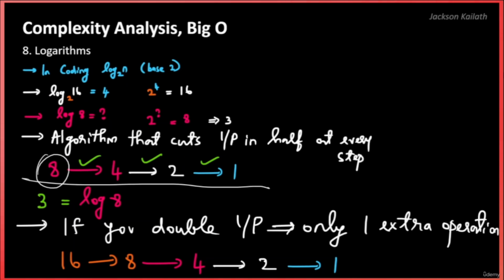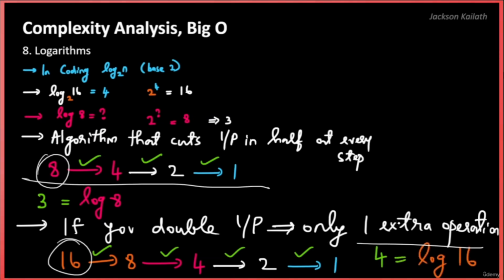From 4, we eliminate half and are left with 2. And then we find the thing, so we just have 1. You can see we just have to do 4 operations over here. So we doubled the input from 8 to 16, but the number of operations only increased by 1, from 3 to 4. Over here, log 16 is equal to 4. That's why this is another way of thinking about log n time complexity.